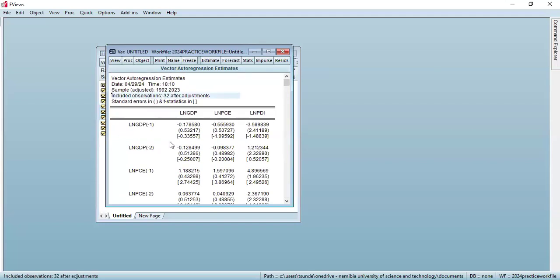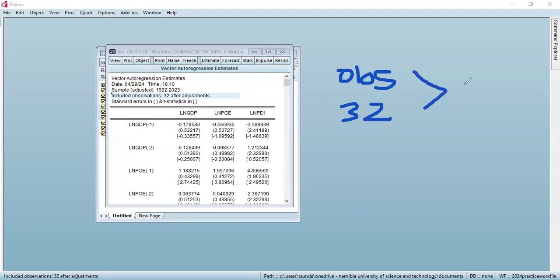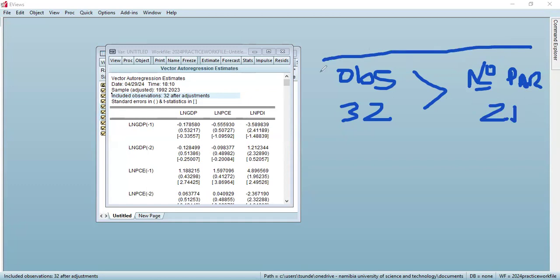So it means we can estimate this vector autoregression equation because the number of observations, which is 32, after adjusting for degrees of freedom, is greater than the number of parameters, which is equal to 21. So if this is the case, it means we can estimate our vector autoregression model.